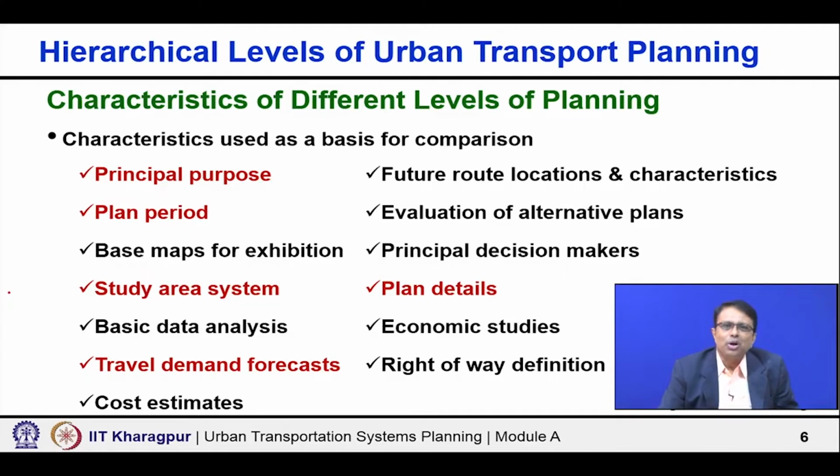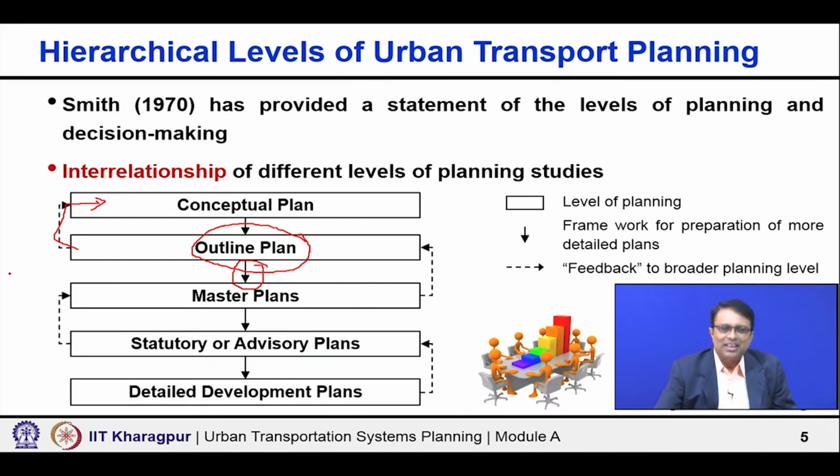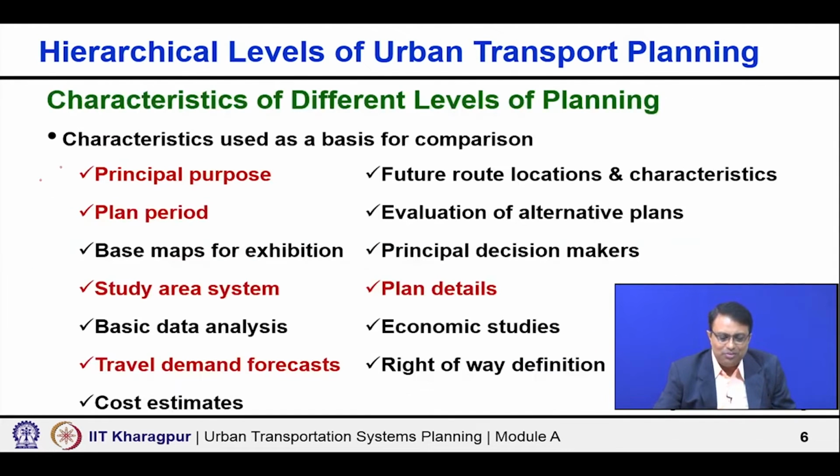So, in all these characteristics, one level of planning study differs from another, starting from the conceptual plan to the outline plan to the master plan to the statutory or advisory plan, and then finally, the detailed development plan. In as many as nearly 15 aspects probably, right. So, things are different, and they are described through these 15 characteristics.